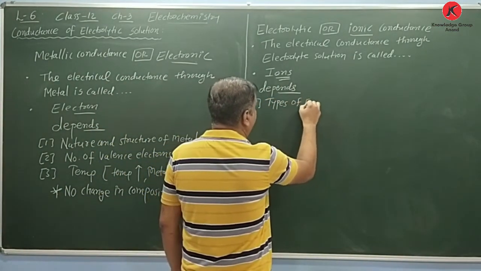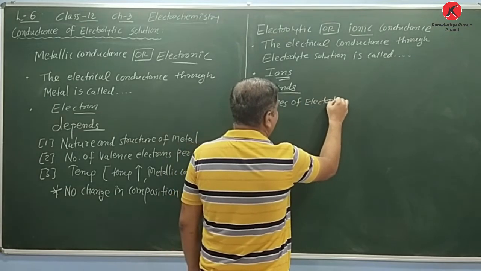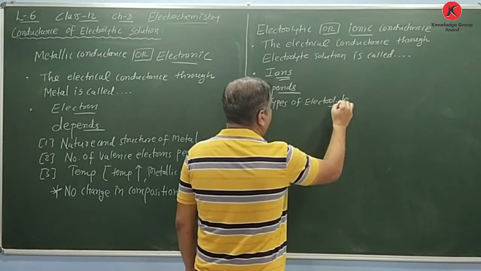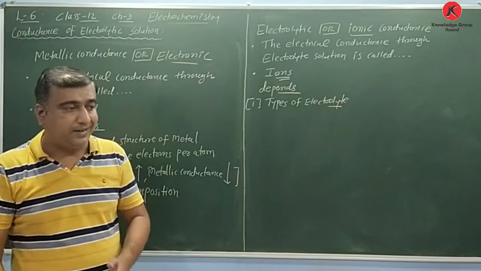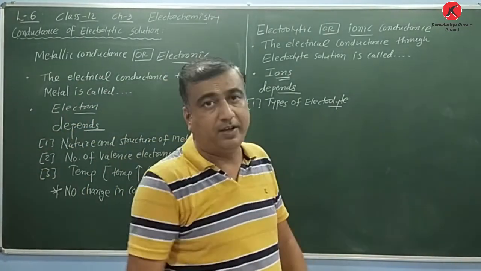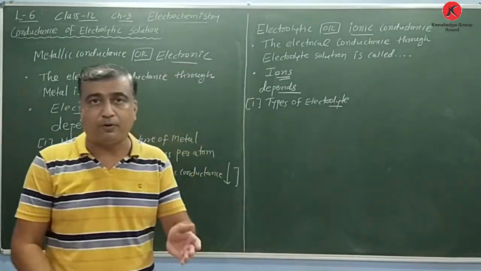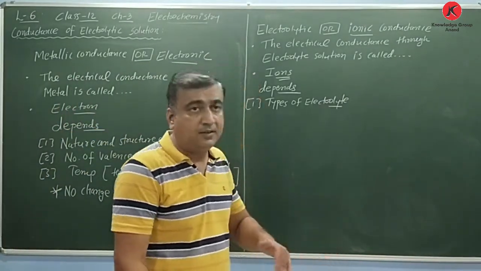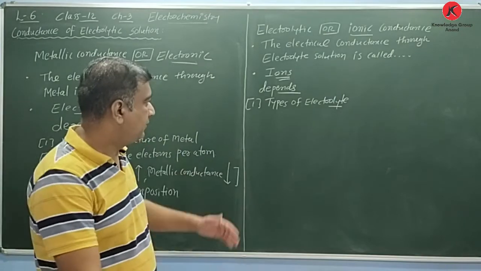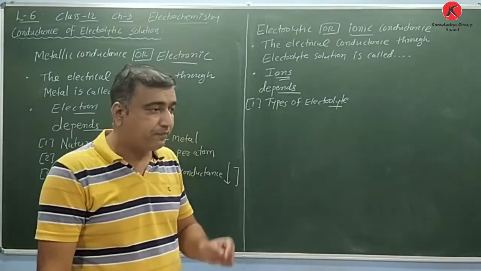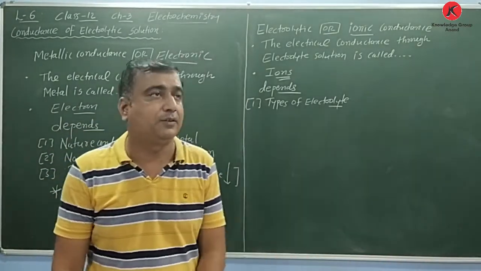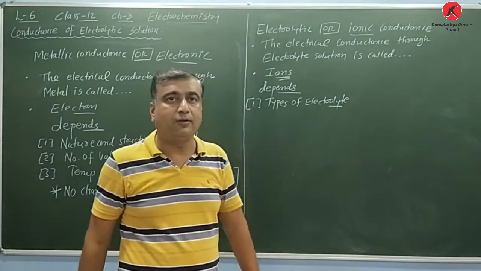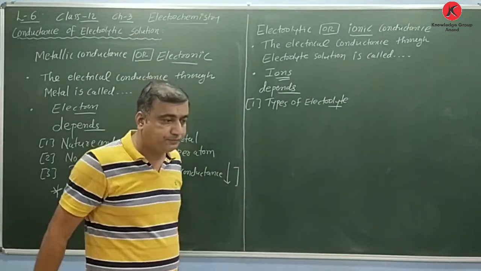We know very well electrolyte means the substance which, when dissolved in water, produces ions, otherwise it is decomposed by the electric current. That is known as electrolyte. Now electrolyte has two types, strong electrolyte and weak electrolyte.